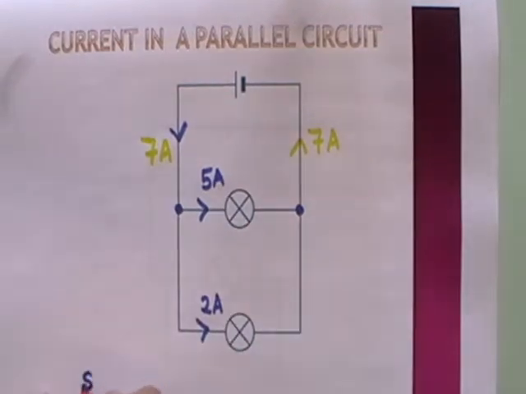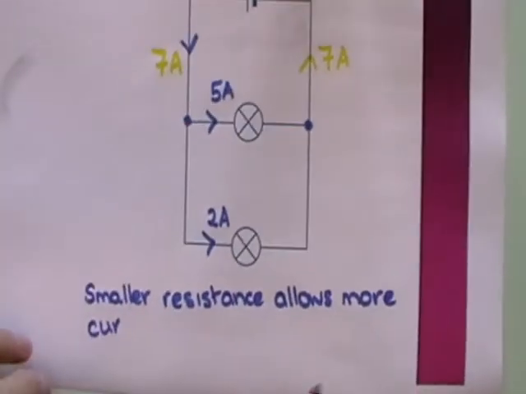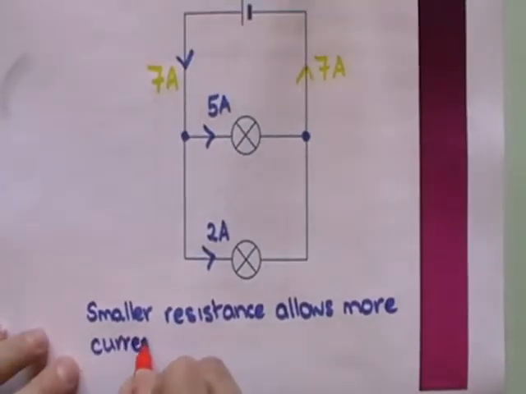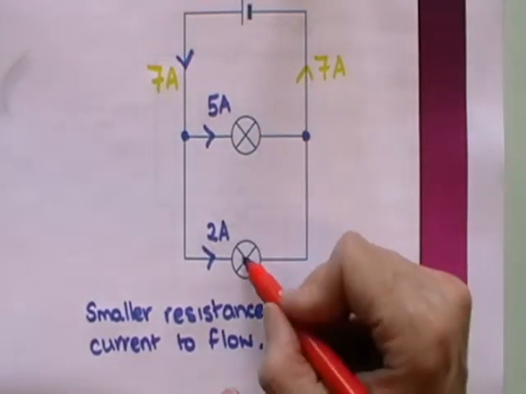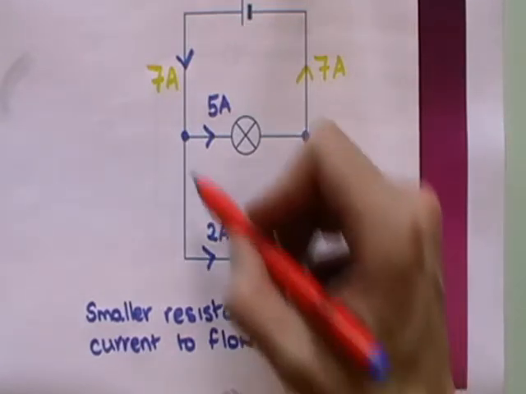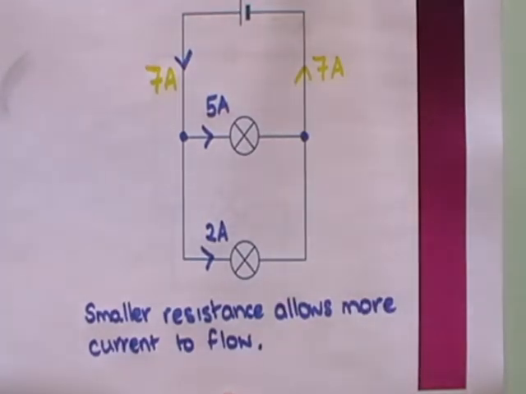So the smaller resistance, in this case it's our top bulb, allows more current through. I'll just move that up so you can see it. Allows more current to flow. So in other words, from what I've drawn there, this bottom one is the one with more resistance because it only allows 2 amps of current to flow through it, but this one allows 5 amps to flow through it.